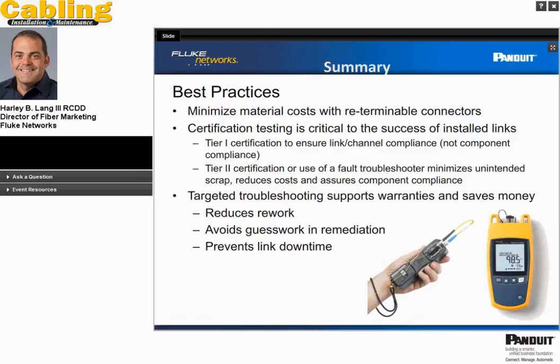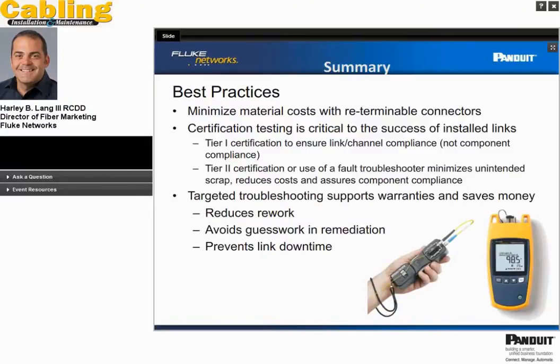So when you think about troubleshooting, which is kind of an offshoot of Tier 2 certification, using a product like the Fiber Quick Map can reduce the rework and the guesswork.